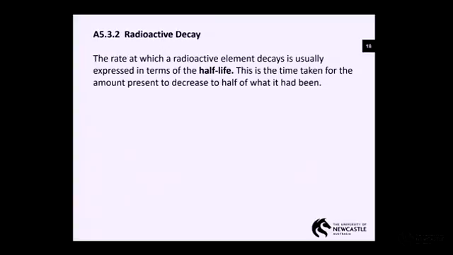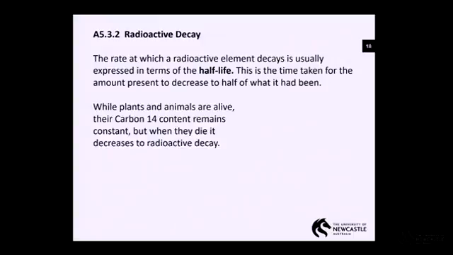This is the time taken for the amount present to decrease to half of what it had been. And it stays exactly the same. So in theory, it never disappears, because no matter how small a component you have in your hand, half of it is still there the next time. Half of it is still there the time after that. So it never actually goes away, all right, as a simple explanation.